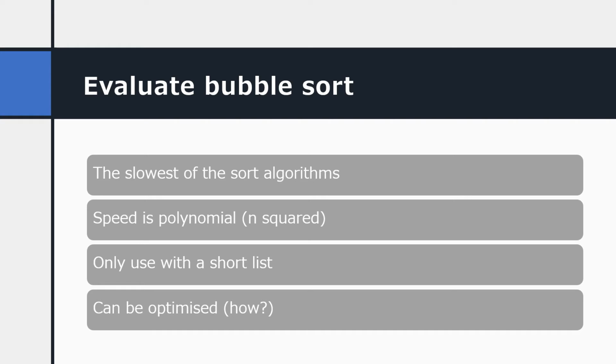So you can imagine if n is a large number, n squared is a very large number. Therefore, we would only ever really use the bubble sort with a very short list. We can optimize it, and I did explain how to do that in an earlier presentation. So if you can remember, go back and check that out. So that's so much for the bubble sort, basically.